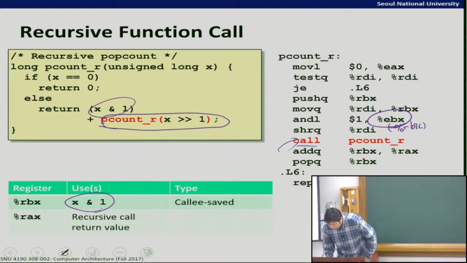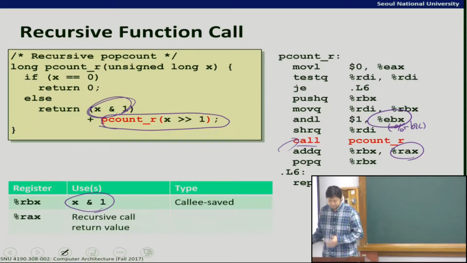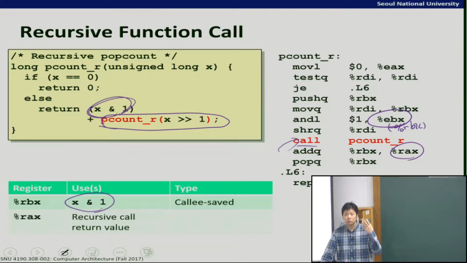And then the return value is in RAX, so we add the two terms and store the result back to the RAX register. We pop the original value of RBX because it is a callee-saved register. This value needs to be restored before you return to the original caller, right?